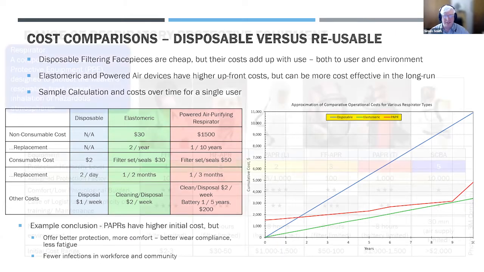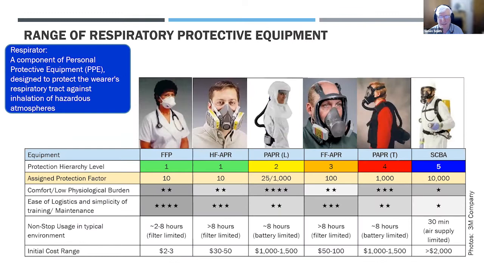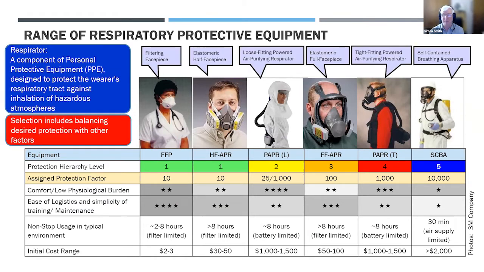To complete the picture, just to say we've talked about filtering face pieces, disposables, and simple elastomerics and powered air, but there are other types: full face powered air, full face negative pressure, and self-contained breathing apparatus types that are available, and they have increasing levels of protection, but also, as you see, increasing cost, and in some cases increasing physiological burden, in that they are harder to wear.